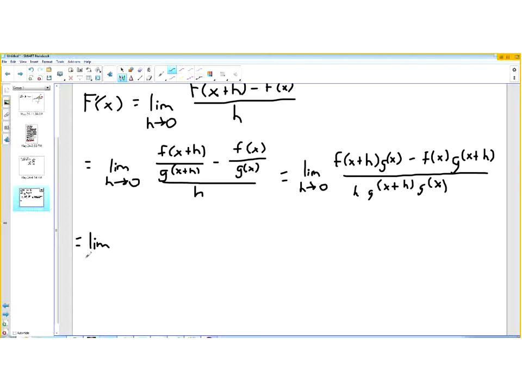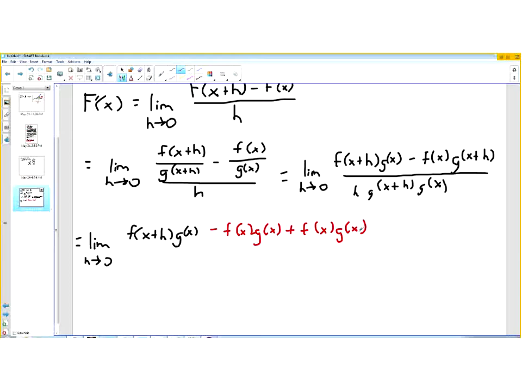So we're left with the limit as h approaches 0 of f of x plus h times g of x, and the quantity this time I'm going to add and subtract, I'll subtract off first the product of the two functions, which will be f of x times g of x, and then what I subtract I must add, like this.